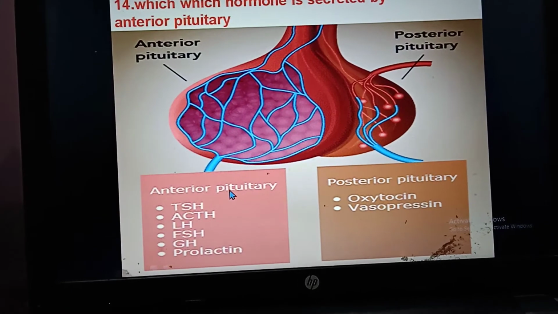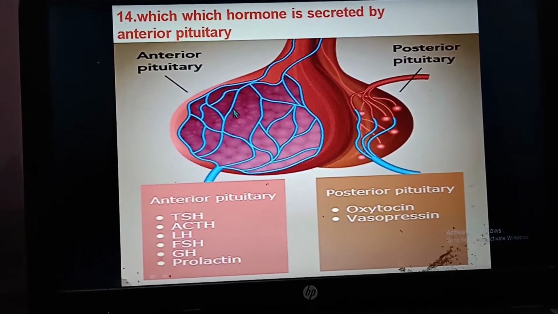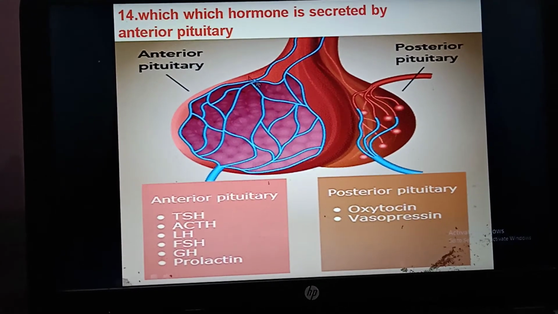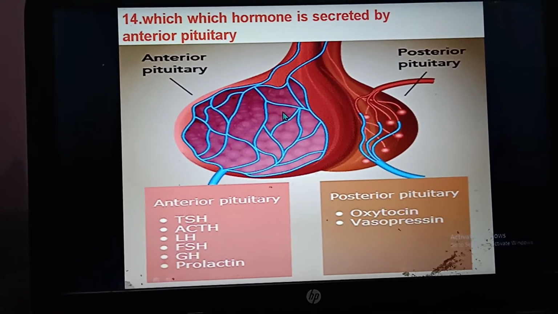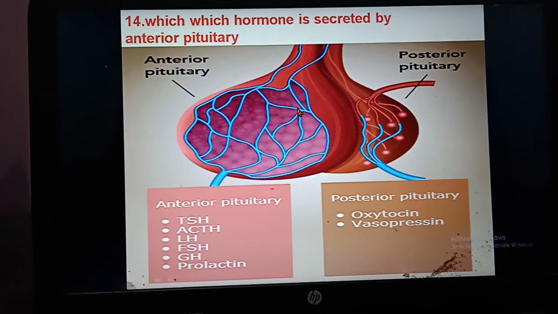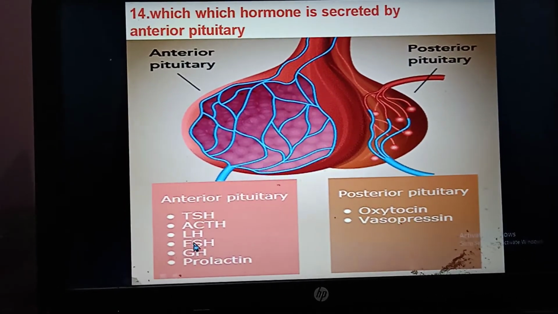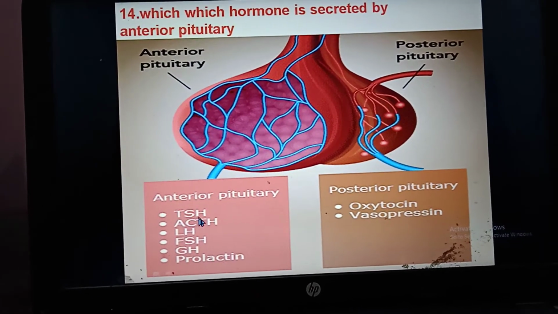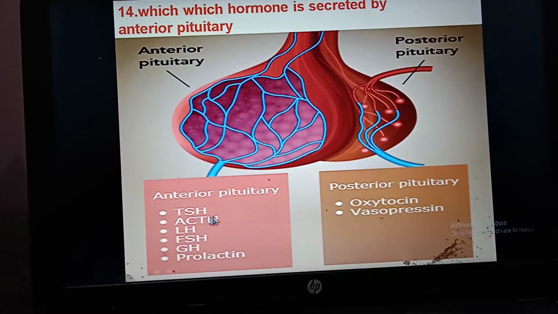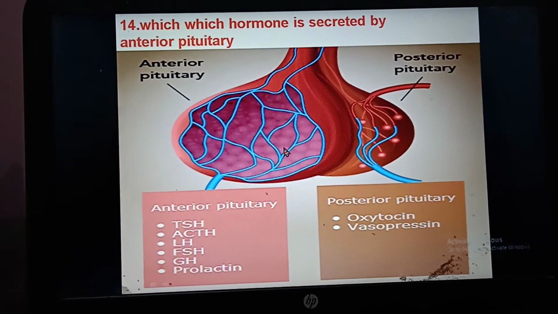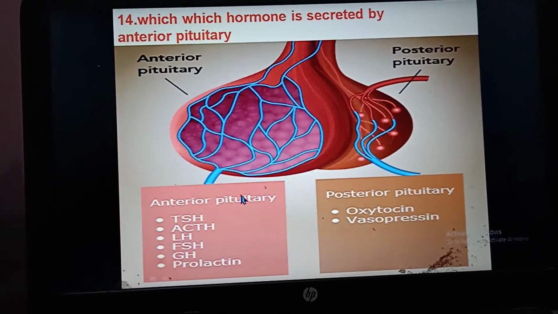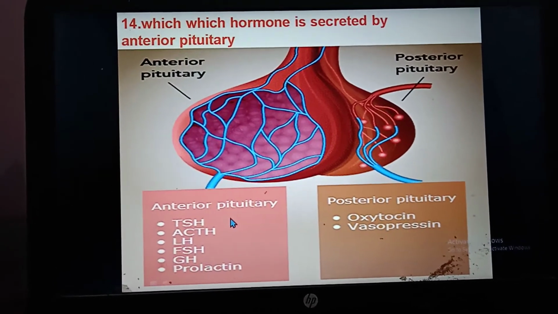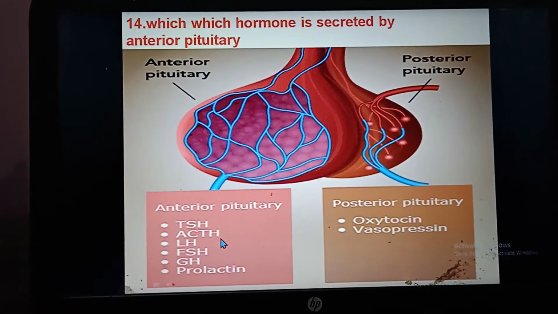Somatotrophs produce growth hormone, lactotrophs produce prolactin, and the basophilic granules are the gatak, that is gonadotrophs, which secrete FSH, LH, and then T for thyrotrophs, which secrete TSH, and then C for corticotrophs, which secrete ACTH, adrenocorticotropic hormone.